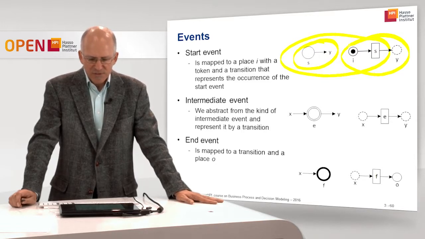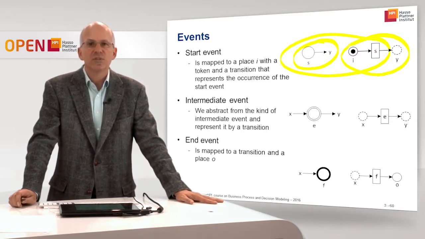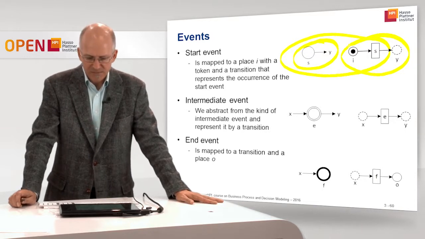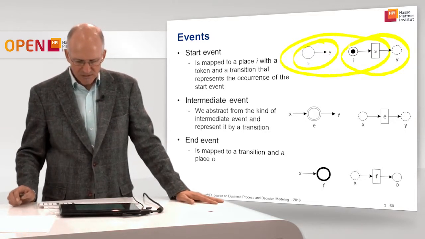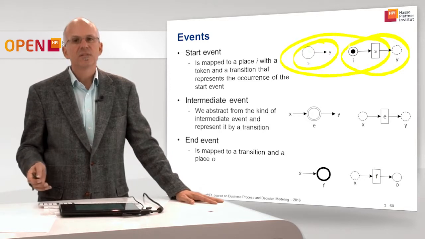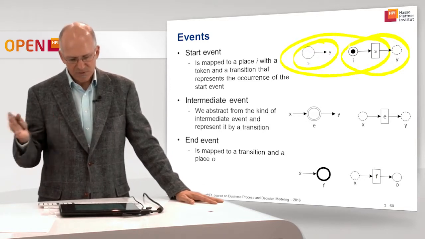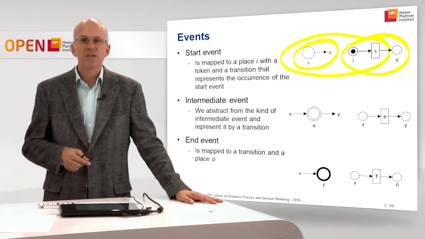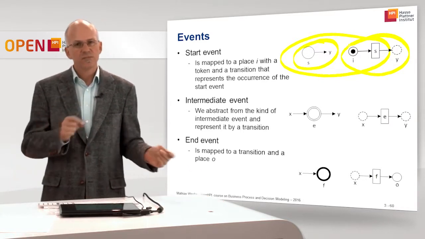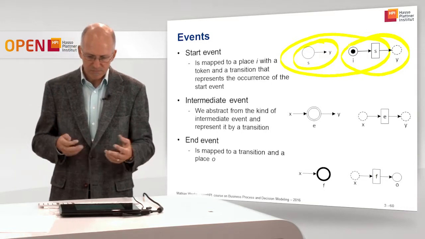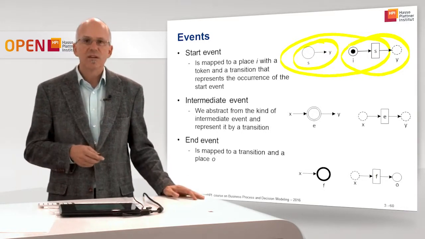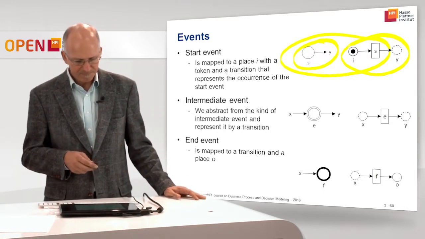The occurrence of the start event is represented by a transition S. Once S fires, so once the process starts, the transition S fires in the Petri net, so that the Petri net also reflects the starting of the process instance.